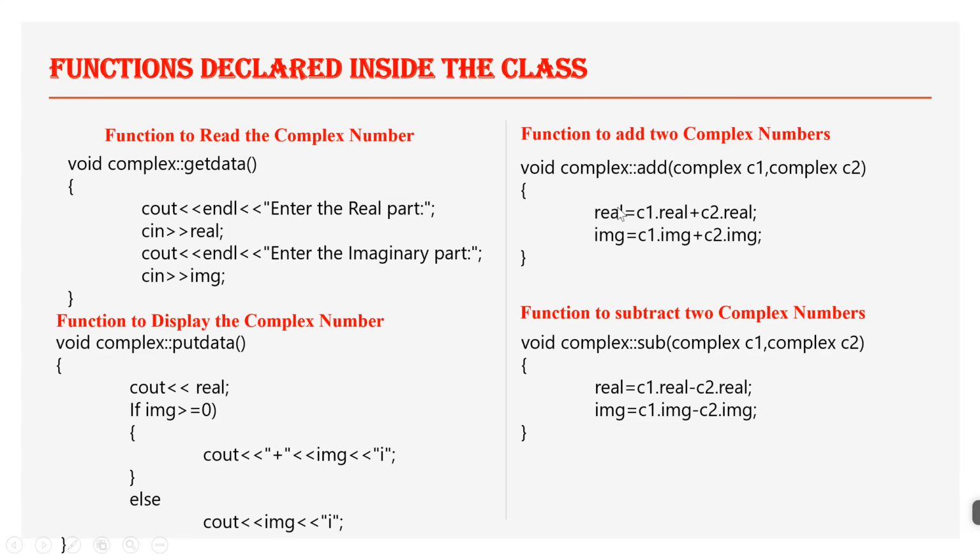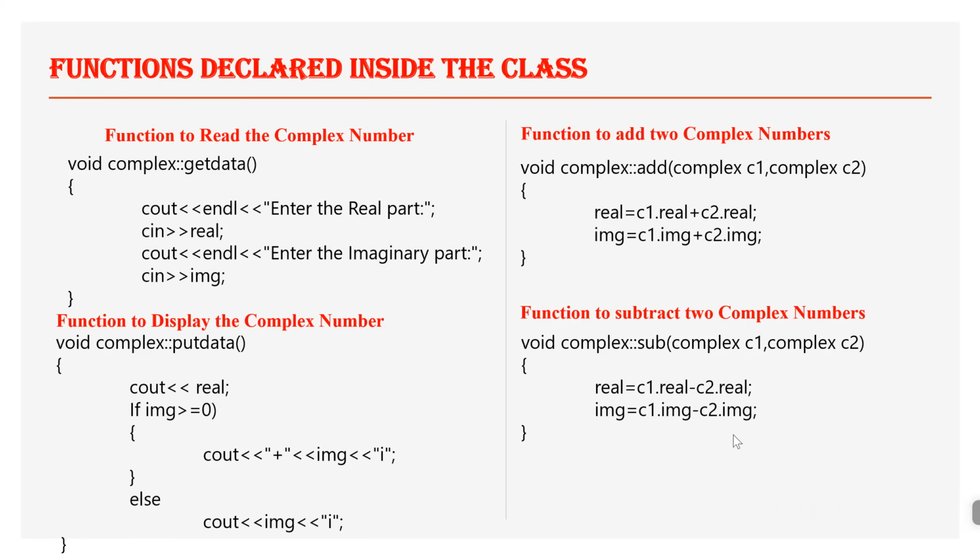The real part is nothing but the real part of first complex number plus real part of second complex number. That's why C1 dot real plus C2 dot real. So here I am adding two real numbers, C1 dot real and C2 dot real.